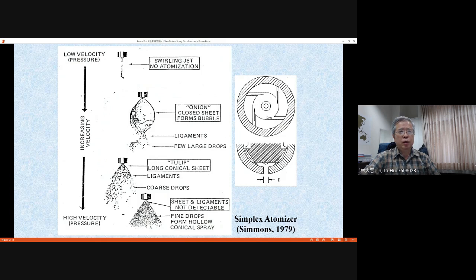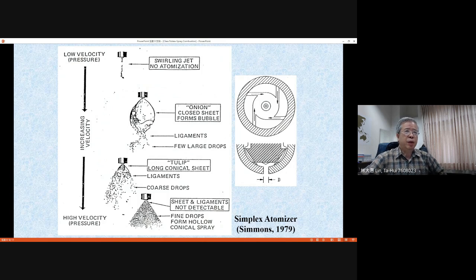That swirling motion will push your liquid out, and when it comes out, the swirling motion gives you the centrifugal force to push your liquid to expand its spray cone radially outward. We call this a simplex nozzle.